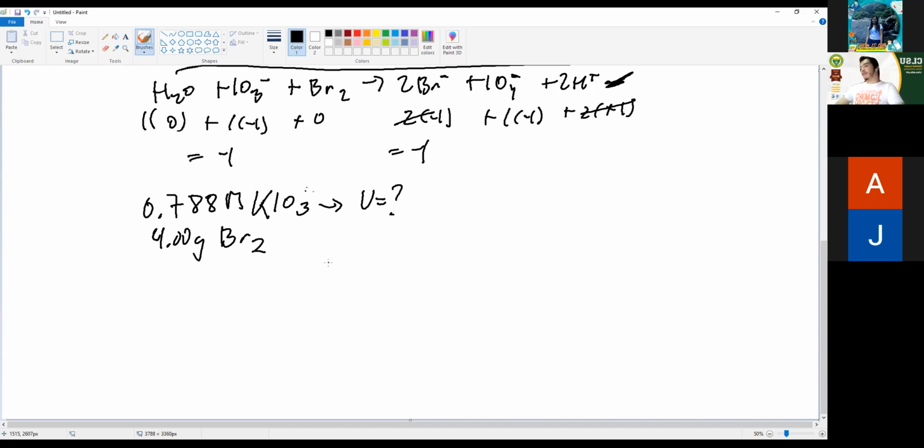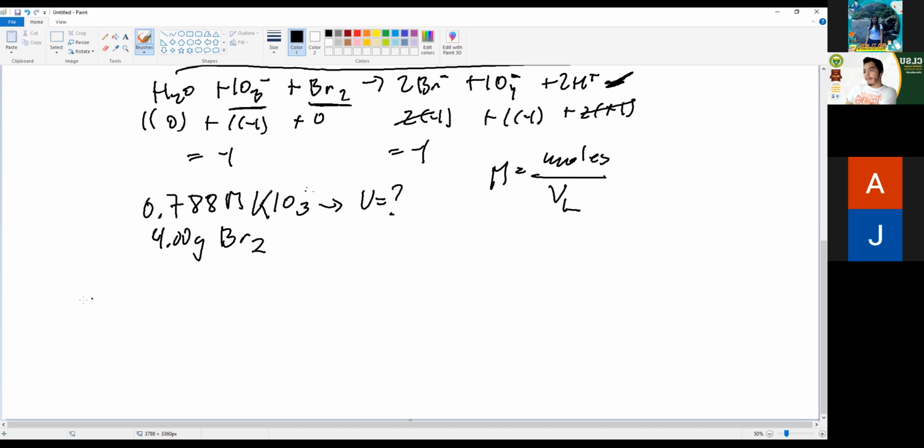Similarly, di ba ang molarity is equal to moles ng solute over volume ng solution in liters. So, una muna, from the balance reaction, you have 1:1. So, 1 lang yung bromine na magre-react kay iodate.